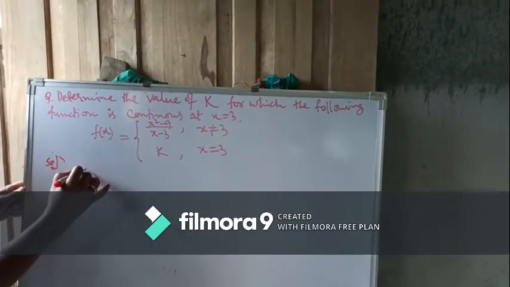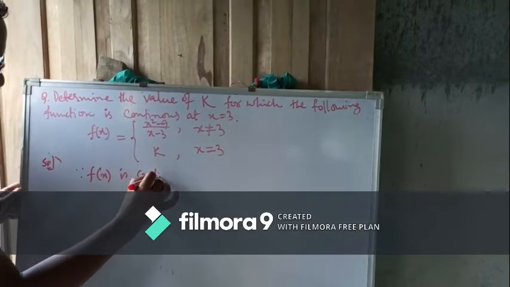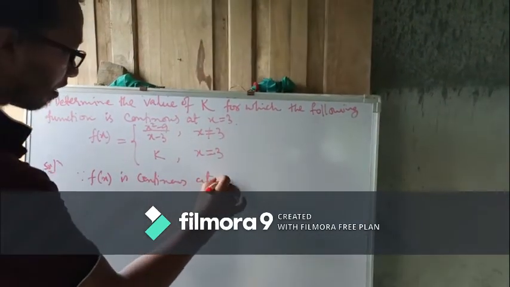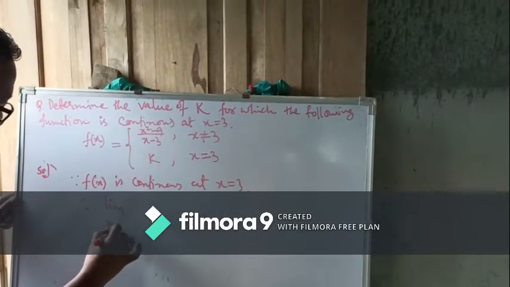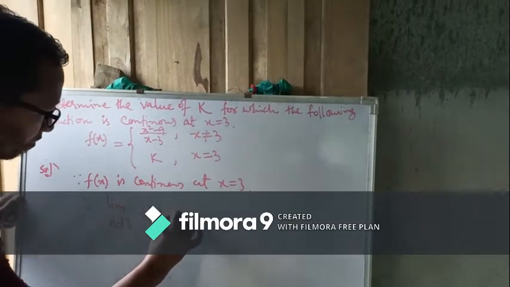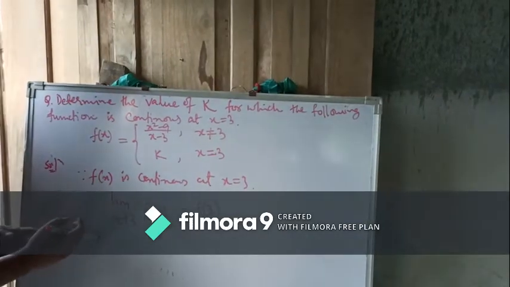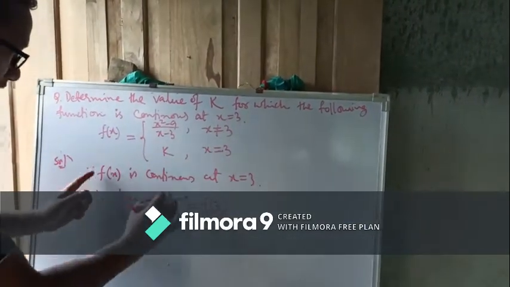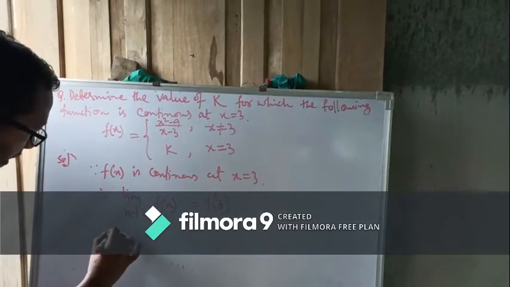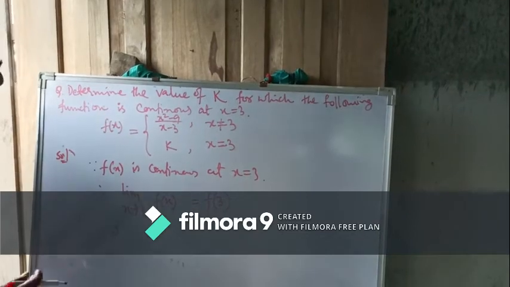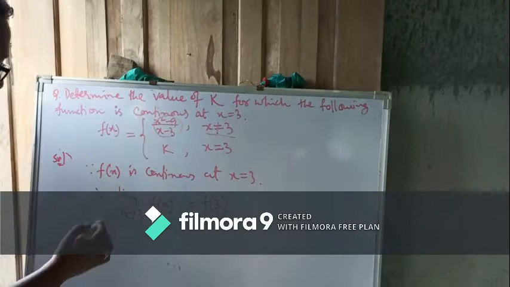So we can write, since f(x) is continuous at x equal to 3, therefore limit x tends to 3 f(x) is equal to f of 3. No need to write left hand limit is equal to right hand limit is equal to f(3). You can write only limit x tends to 3 f(x). x tends to 3 means x is not equal to 3, so we use this function for f(x).